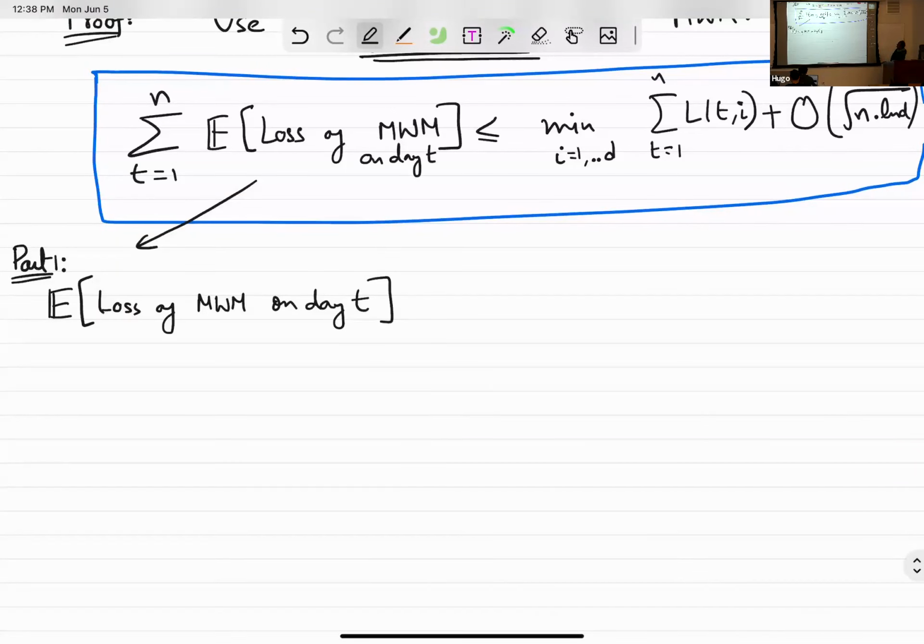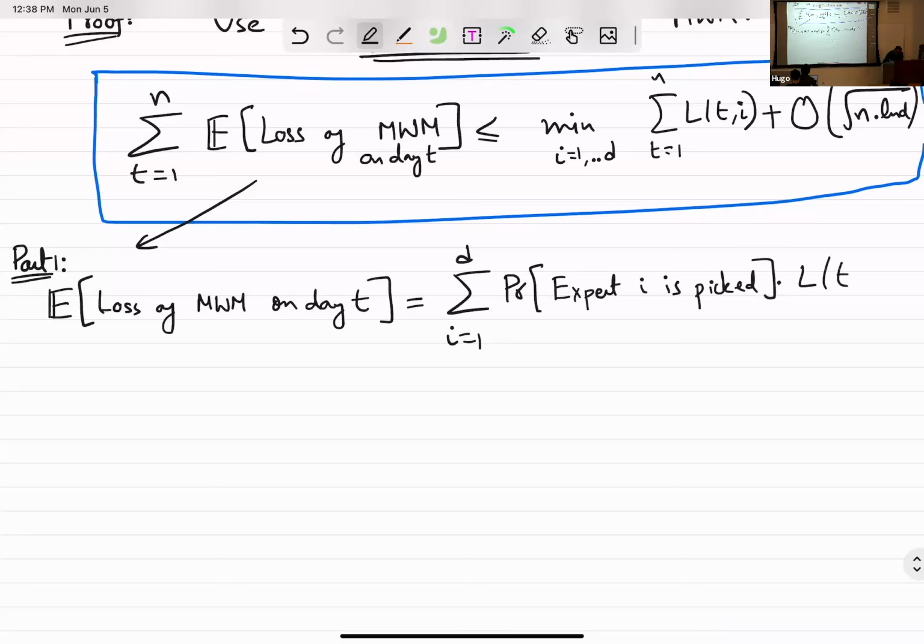So what is the expected loss of multiplicative weight method on day T? Well, we have a formula for it. So the expected loss is the probability that a particular expert is picked times the loss that expert incurs on that day.